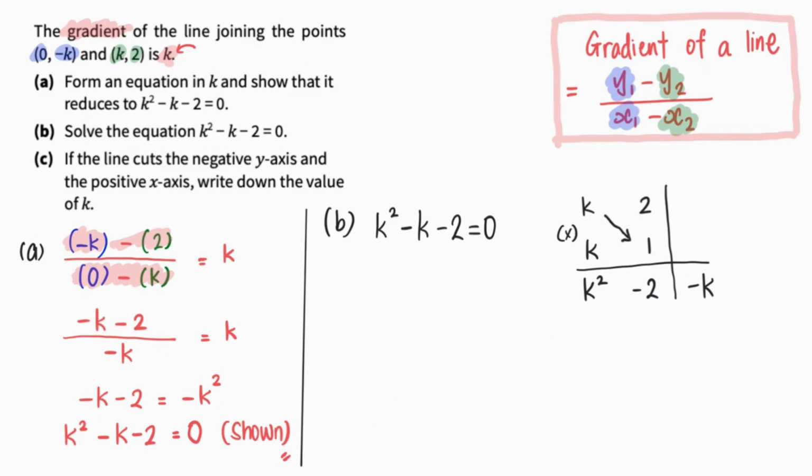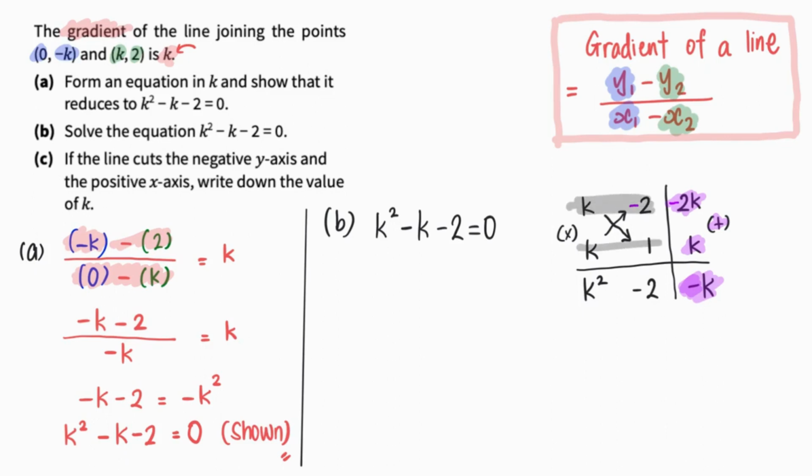It's positive 2. But when I multiply, then 2 times k is 2k. And then I will need to decide how do I get my negative k. This means that my 2 must be a negative 2, such that negative 2 plus k will give me my negative k. So I have successfully factorized this particular equation now.